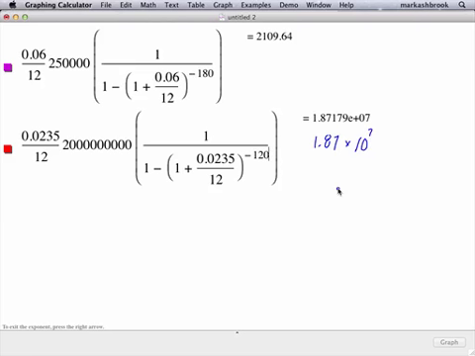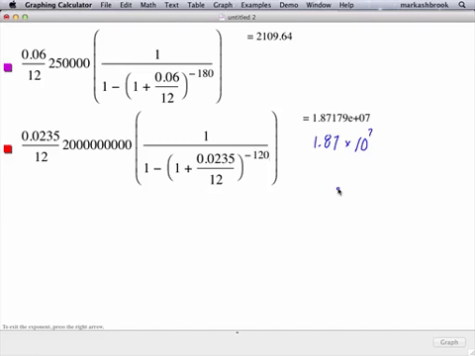In other words, take that first number and move the decimal place 7 places to the right. So what is that? Is that 18 million? 18 million, 700,000? Each payment is 18 million.